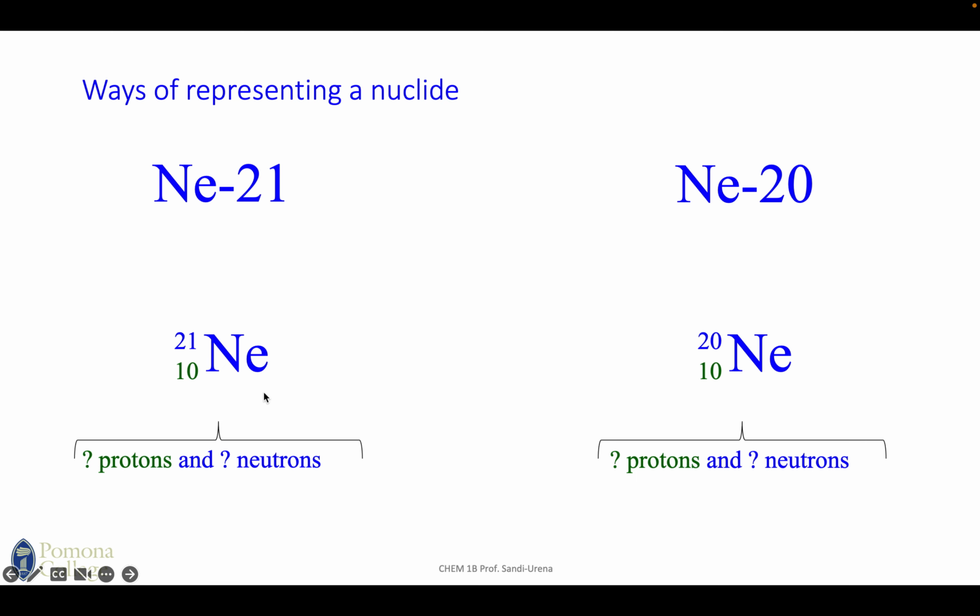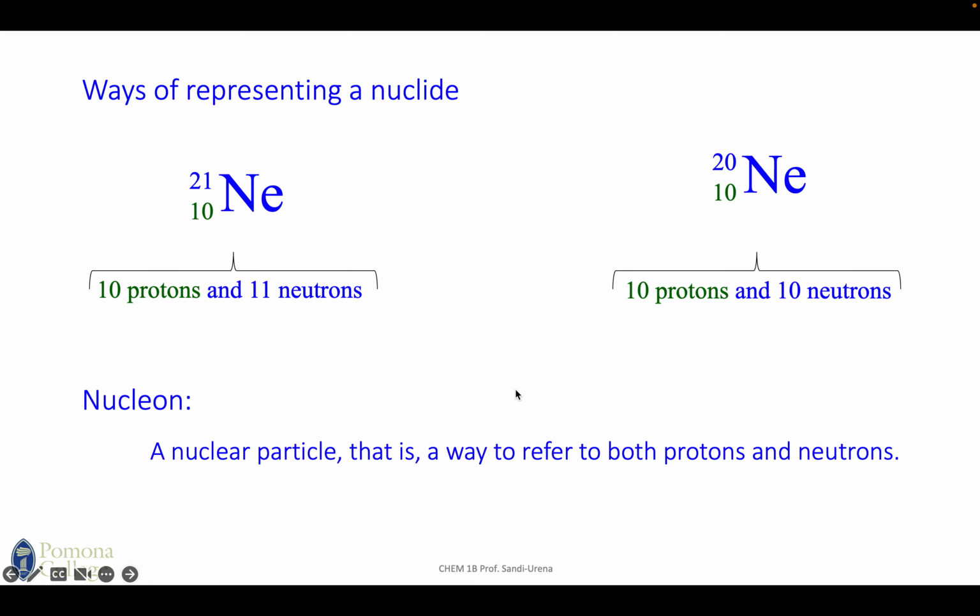We have the other way of representing them here, and this introduces the concept of nucleon. Nucleon is a word that we use to describe both the proton and the neutron in the nucleus. So this first one here has 21 nucleons, combining the protons and neutrons, and this one here has 20 nucleons.